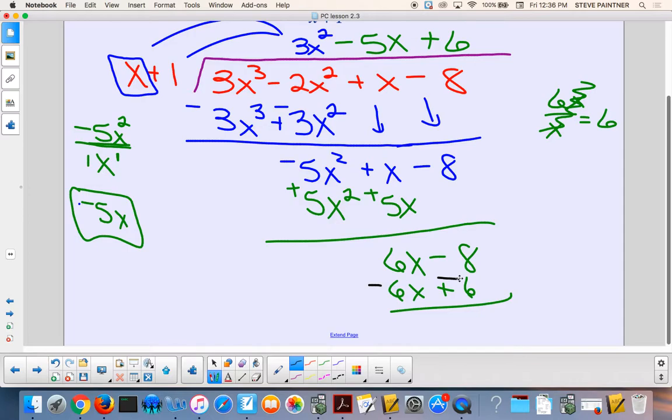Out. So the remainder is right here. That's the quotient, that's the remainder, and that's the divisor. So the answer to this problem is 3x squared minus 5x plus 6 plus a remainder of negative 14 over the divisor, x plus 1.